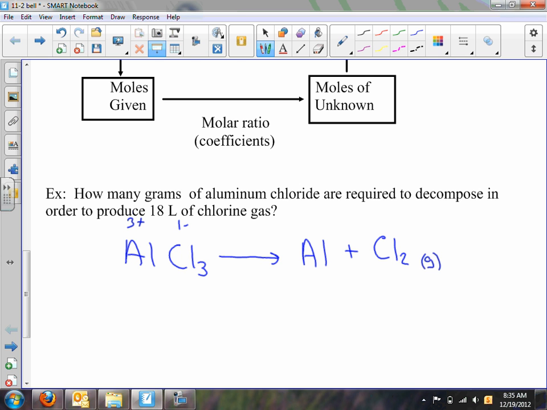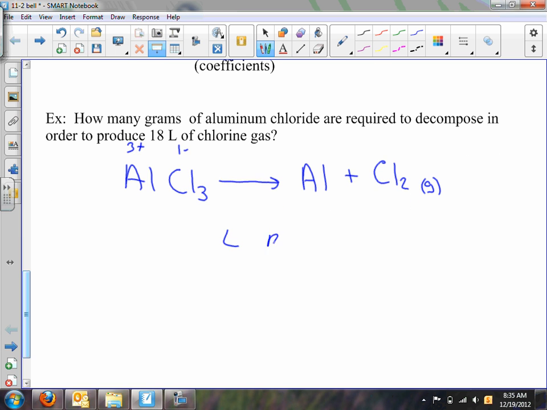You'll need to balance the equation, and if you set up a chart, aluminum and chlorine, the left side has 1 aluminum and 3 chlorines, the right side has 1 aluminum and 2 chlorines.